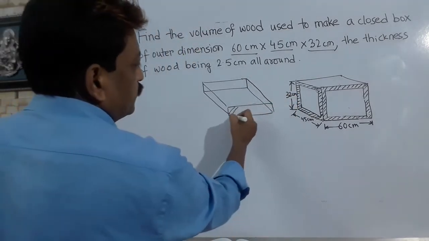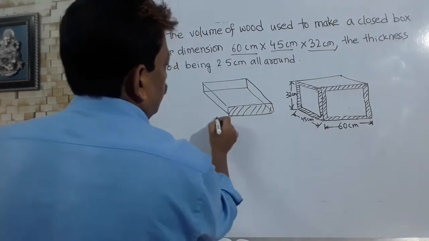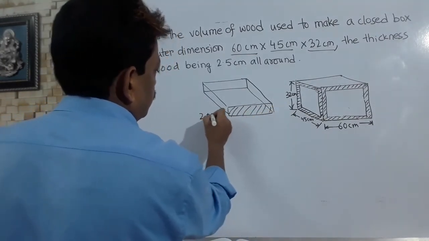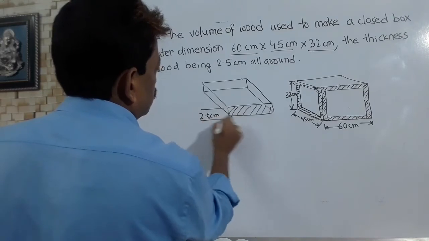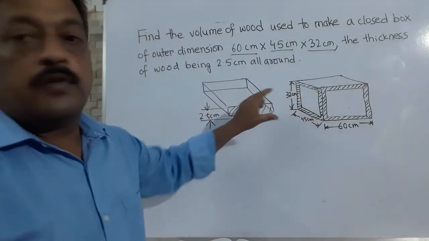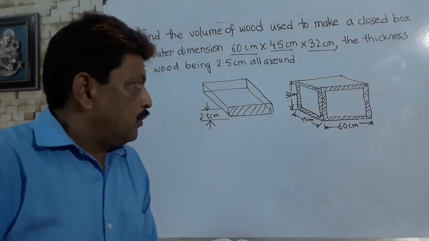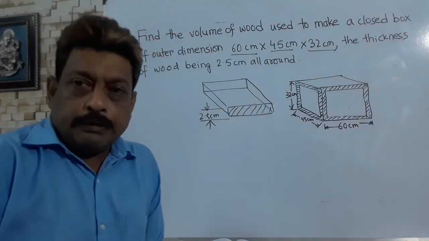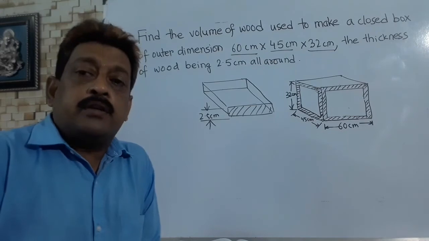So this thickness of the wood is 2.5 all around, in all sides. Okay. So how to find the volume of the wood? It is a very simple method.